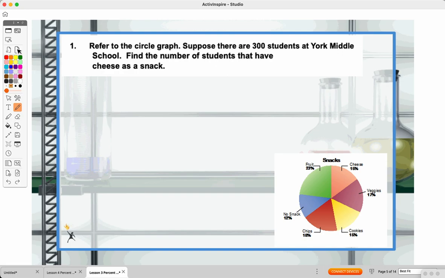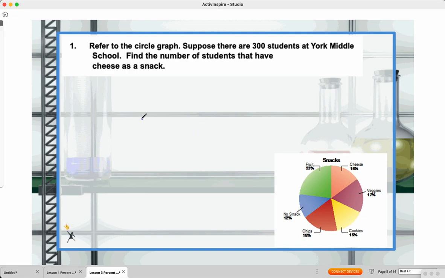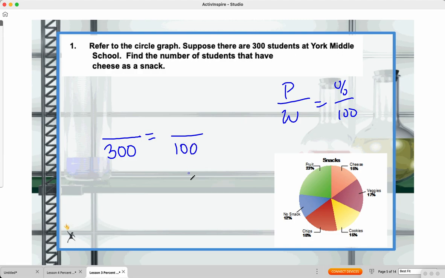We're going to use the pie graph or the circle graph that's down here below. The first thing we need to do is find our whole. If we read, suppose there are 300 students at the middle school. If we keep our idea of part over whole equals percent over 100, my whole is going to be 300. And I know there's always 100 here, because percent's always over 100. Then I look: how many students like cheese as a snack? Cheese is 15%.